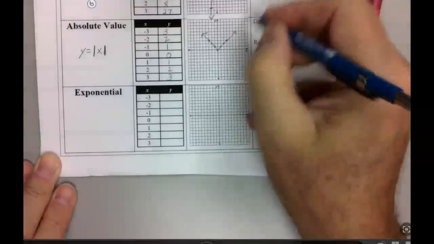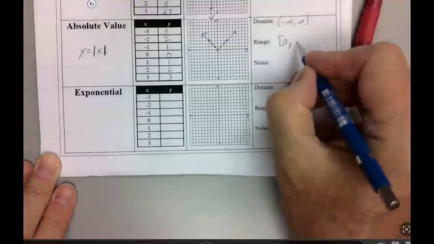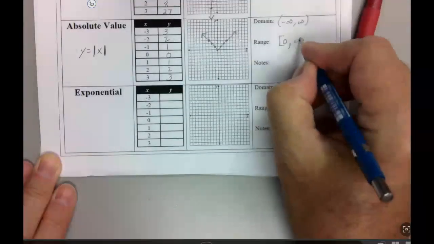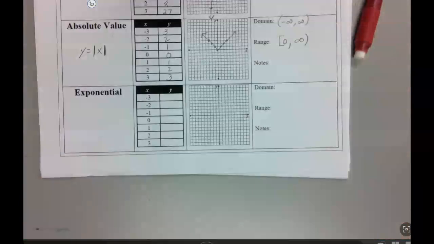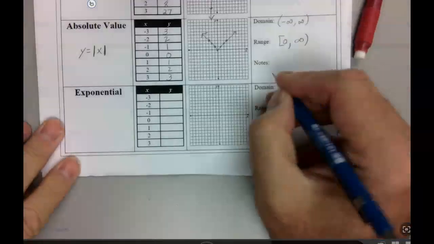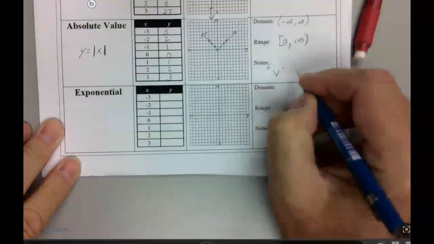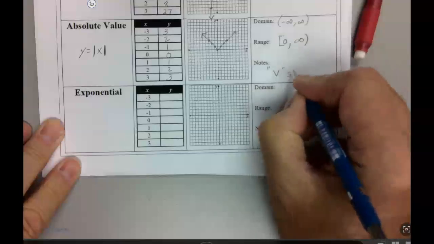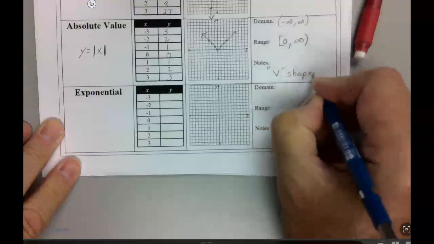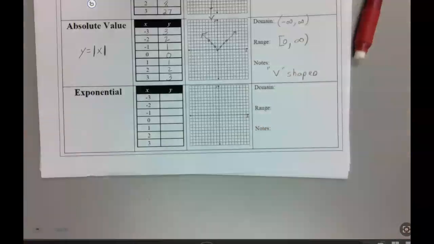And the arrows are pointed towards what? What's the ceiling? Positive infinity. Okay? And again, the note about this one here is V-shaped. Okay?